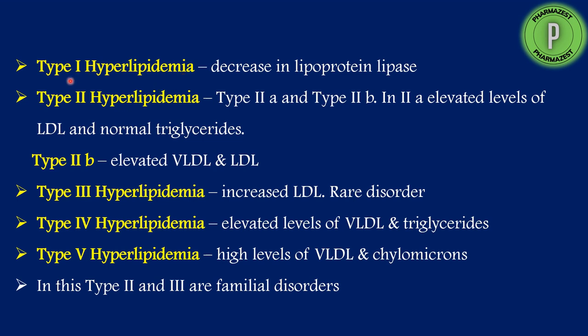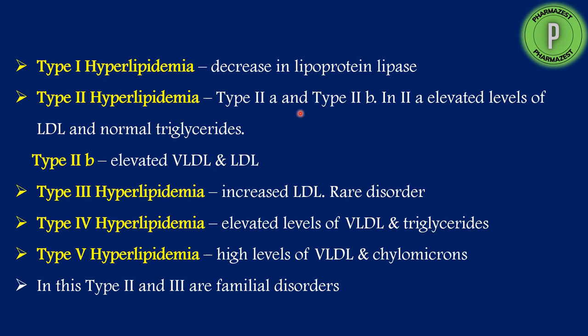The first condition, type 1 hyperlipidemia, is because of a decrease in the levels of lipoprotein lipase. This lipoprotein lipase is essential for the metabolism of the lipoproteins. So when the activity or function of lipoprotein lipase is reduced, it leads to type 1 hyperlipidemia.